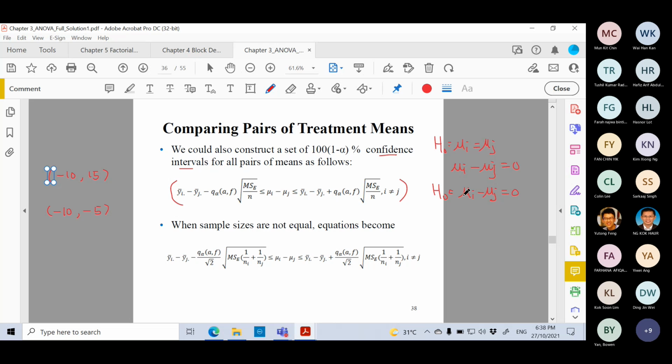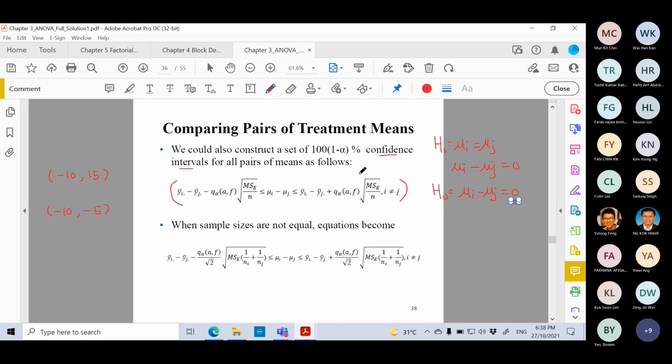Therefore, there is a significant difference between these two means. I think if you have learned statistics, you should know this. This is why we carry out the confidence interval: we want to test whether 0 is in the interval or out of the interval.